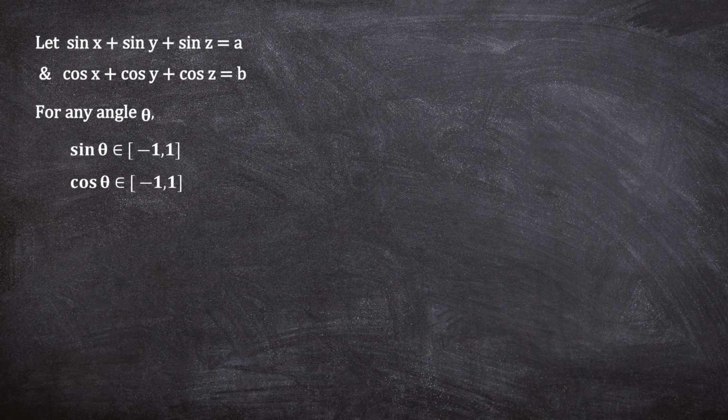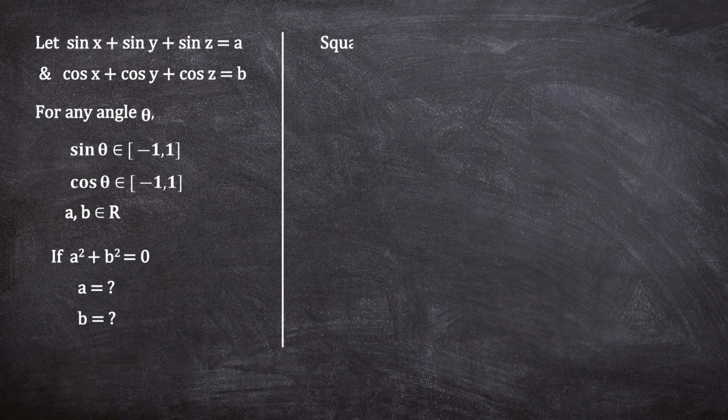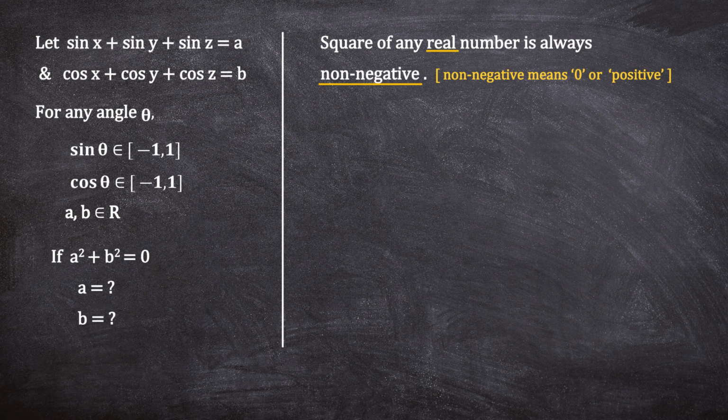Now for any real numbers a and b, if a square plus b square equals 0, then what will be the values of a and b? By saying this I mean, for what values of a and b will this equation be true? One thing to note is, the square of any real number is always and always non-negative. You can check this for any real number you want. That may be positive, negative, rational, irrational or 0.